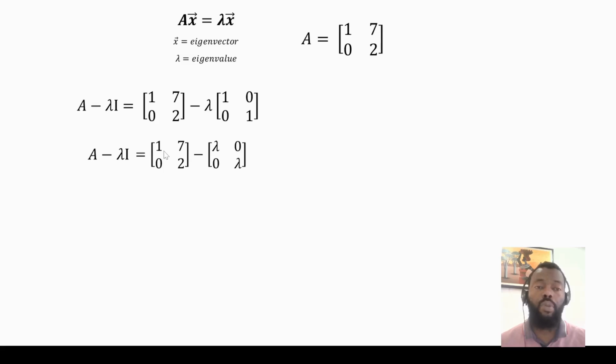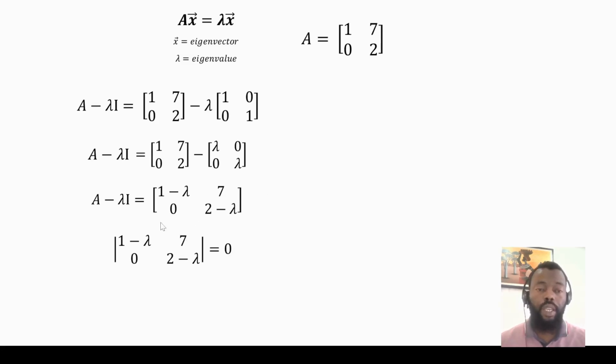So we'll have 1 minus lambda, 7, 0, 2 minus lambda, and now we can take the determinant of this matrix and set it equal to 0.